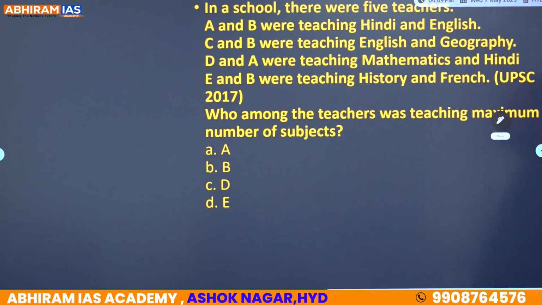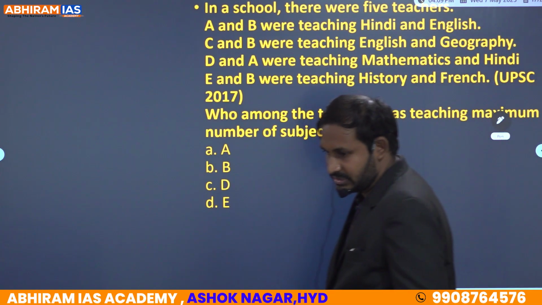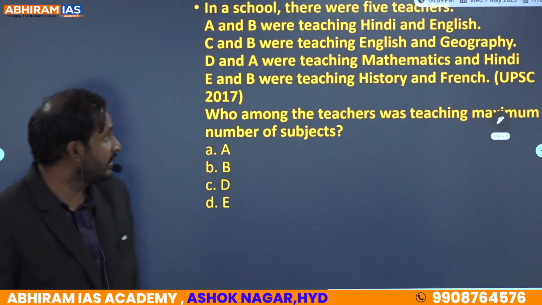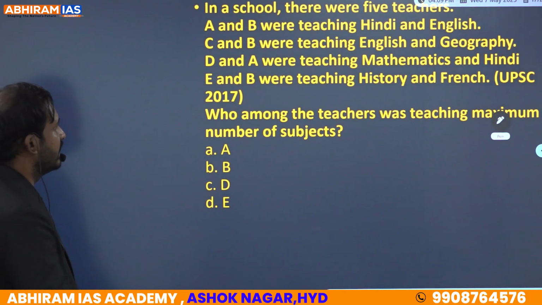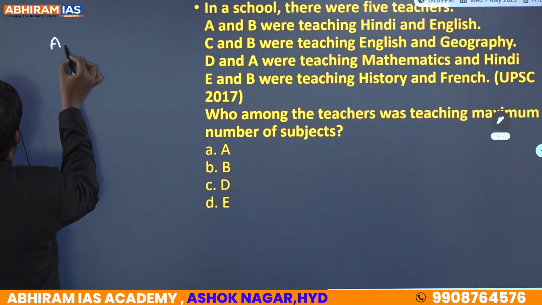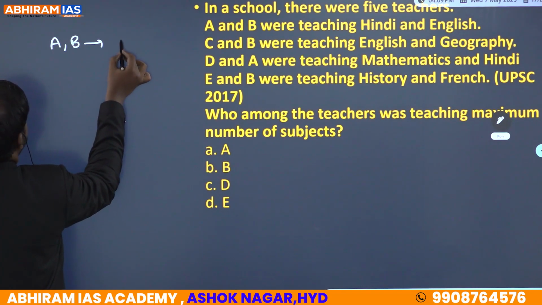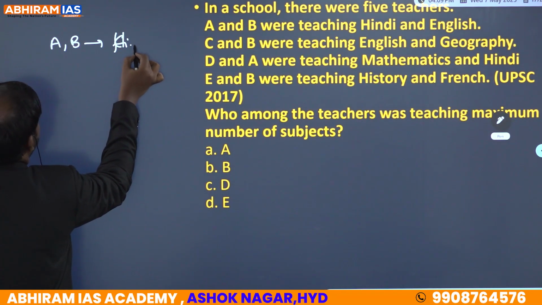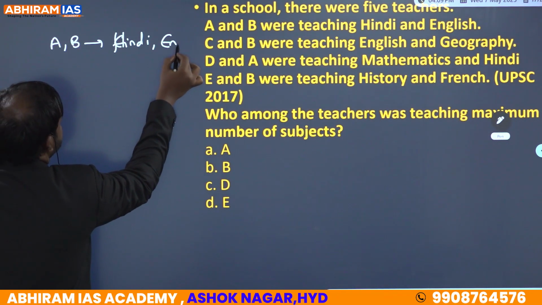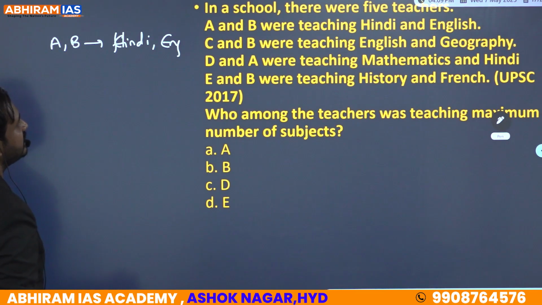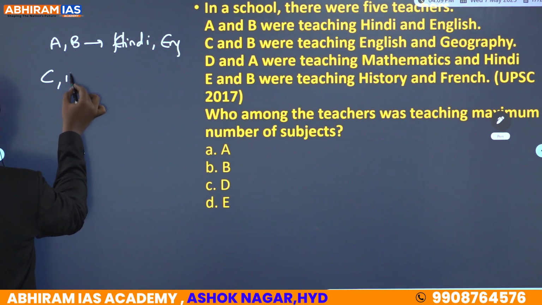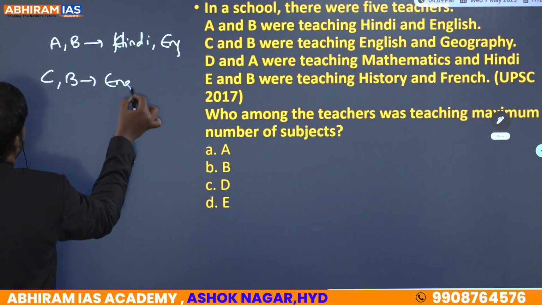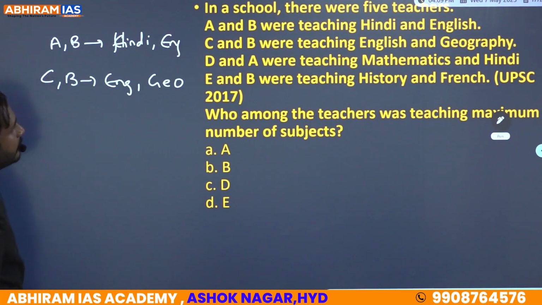Okay. Next one. In a school there are 5 teachers. A and B were teaching Hindi and English. C and B were teaching English and geography.